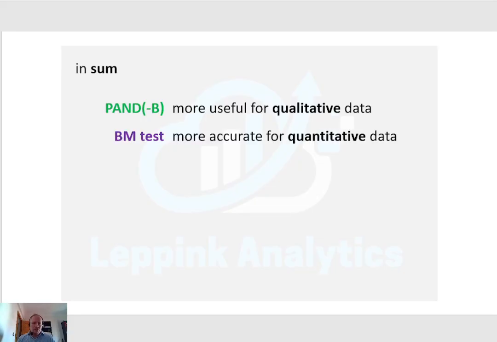And the latter, the BM test, tends to be somewhat more accurate when dealing with quantitative data or ordinal data, which may be conceptualized as either quantitative or qualitative, by the way. So in any case, at least if you deal with a mix of qualitative and quantitative data, a combined use of these solutions may be most appropriate.